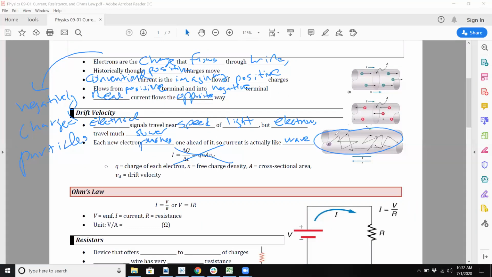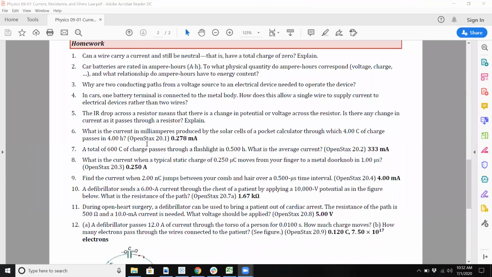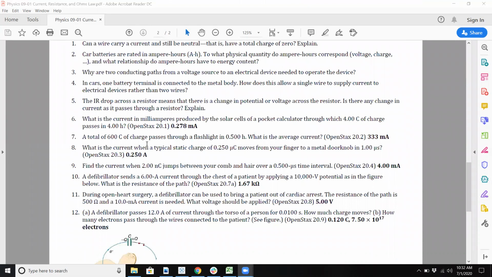So it's kind of like a wave. Don't worry about that formula. I cross it off. I don't really care for that for this class. Okay. So let's discuss Ohm's law, and then I'll do a practice, then I'll have you guys try some problems on your own.